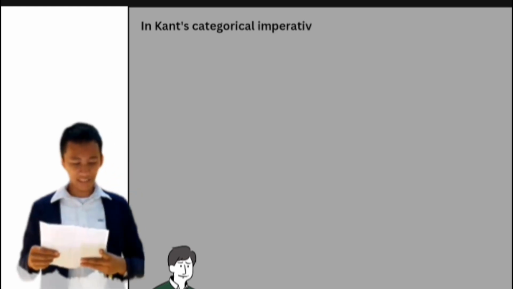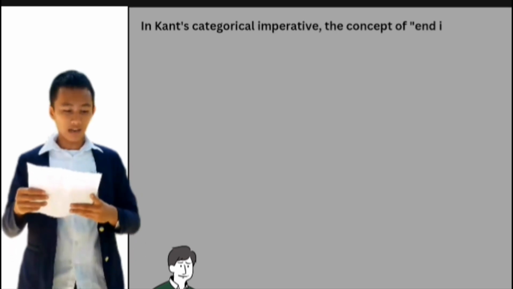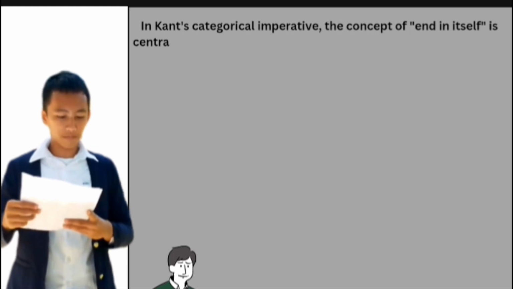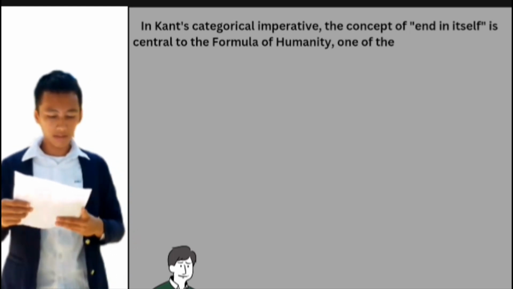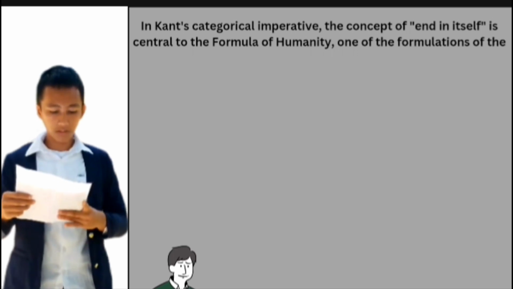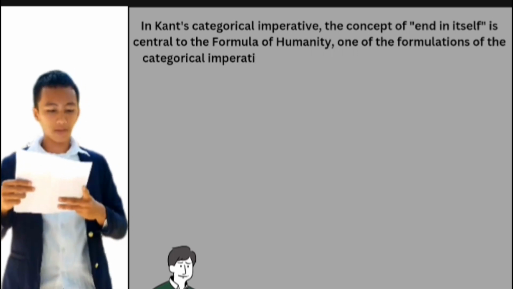In Kant's categorical imperative, the concept of an end in itself is central to the formula of humanity, one of the formulations of the categorical imperative.